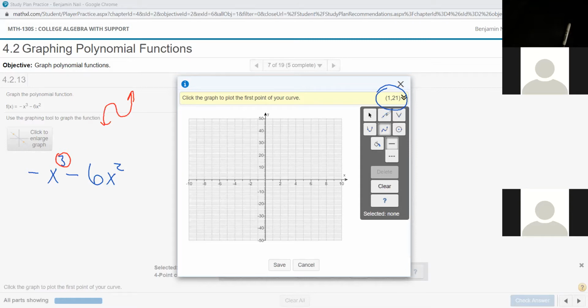Okay, it's not linear. It's not an absolute value. It's not a quadratic parabola. It's going to be this S-shaped looking graph. So that's the one that we've got to make sure we pick, this particular shape here. We're not graphing a circle or a straight line. We're graphing this kind of S shape. The fact that it's negative tells me that that's going to flip over actually. We're going to go in this direction. So that's what we're going to be graphing.